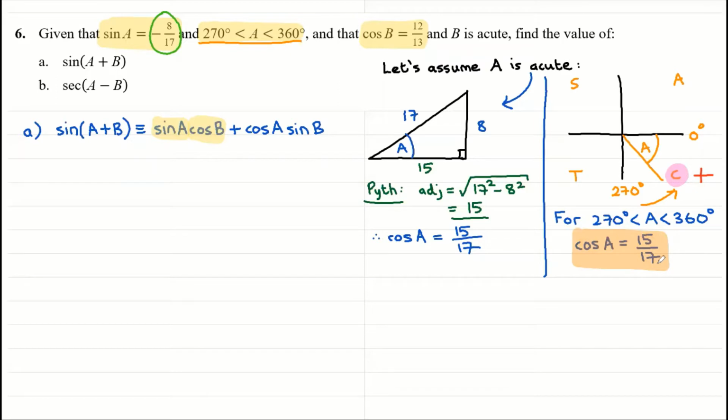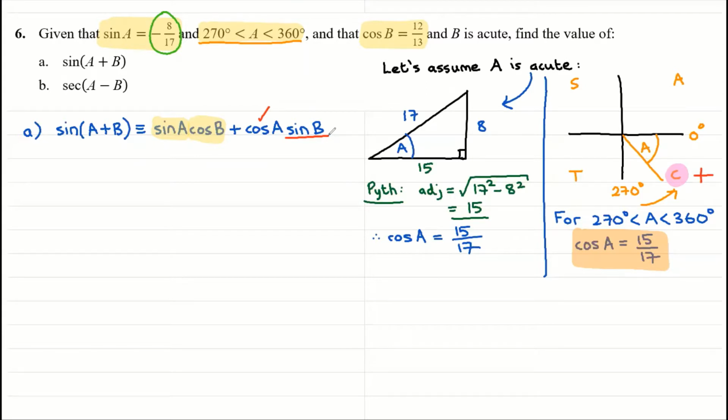Good. Now, what else do we need? We need to know the sine of B. We've got the cosine of A. We can sub that in when we're ready. That's there. Wouldn't it be great if we could find out what the sine of B is? Well, the good news about B is that B is an acute angle already.